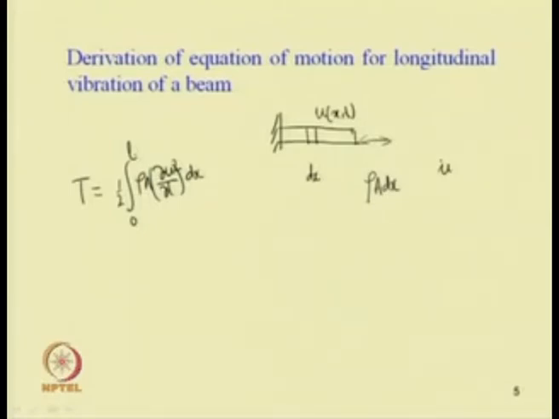Similarly, one can find the potential energy U. The potential energy is equal to half integration 0 to L of stress into strain into dV. Here dV is the volume, which can be written as A dx for a uniform cross section.